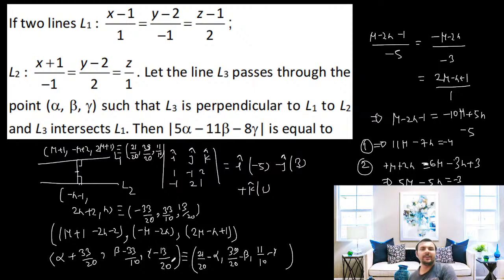So if you calculate it, we can get it, I think. And we can say it is also equal to minus 5, minus 3, 1. This is the direction ratio. So they are all in ratio, isn't it?